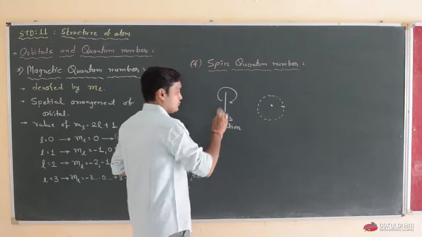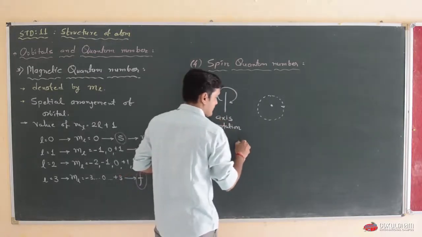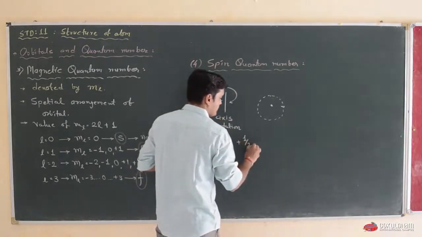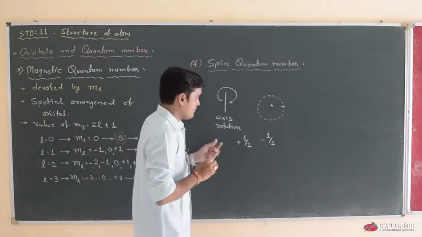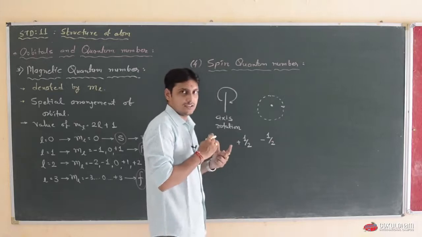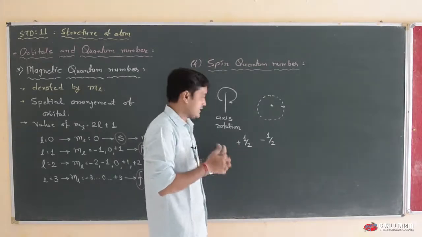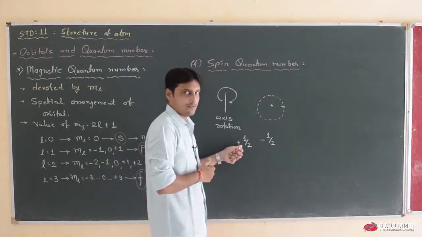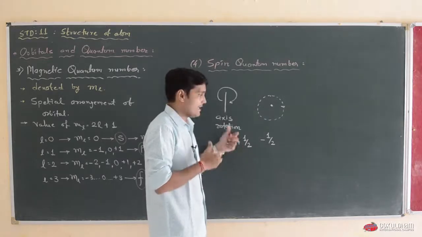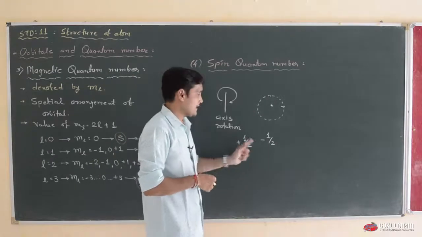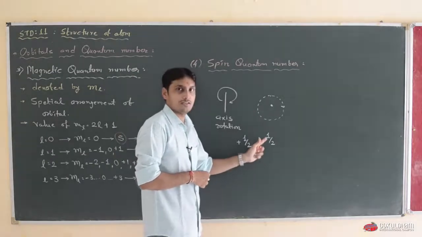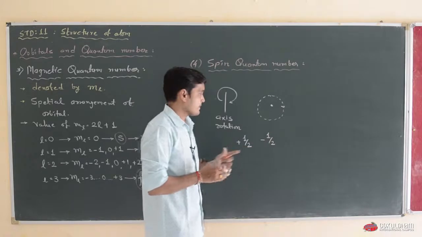These two motions can give the value of plus one half and minus one half. When the rotation is in a clockwise direction, at that time the electron has plus one half, and when the rotation of electron is in an anti-clockwise direction, at that time the value of s is minus one half.